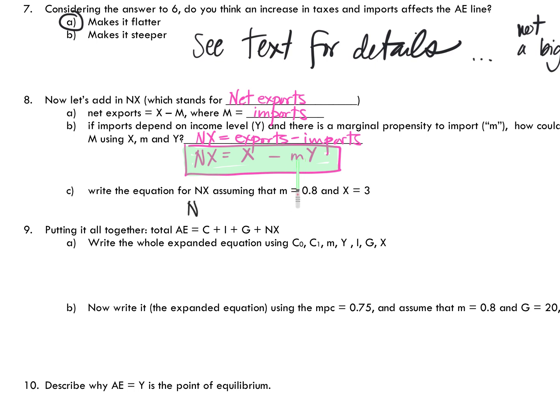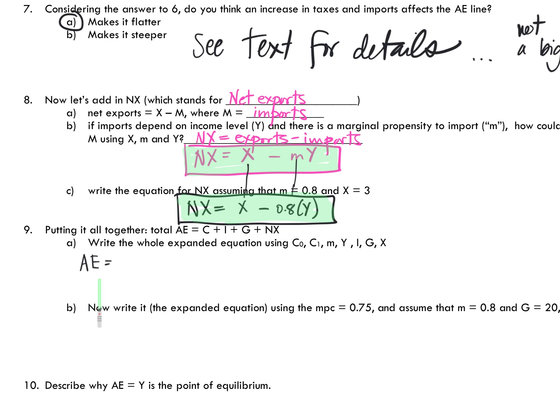So if every extra dollar of income makes us spend 80 cents on imports, then your M would be 0.8. And now your net exports can be noted in that particular way: exports minus this import function.